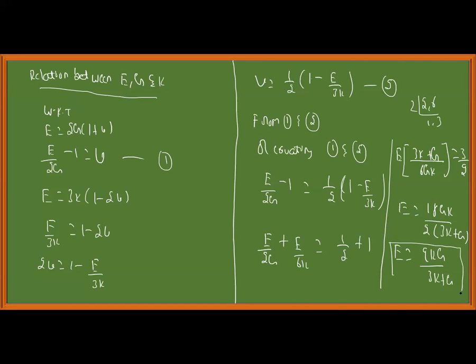This is one more relationship: E is equal to 9KG by 3K plus G. The three relationships which I have derived: the first one, relationship between E, G, and nu, which is E is equal to 2G into 1 plus nu.